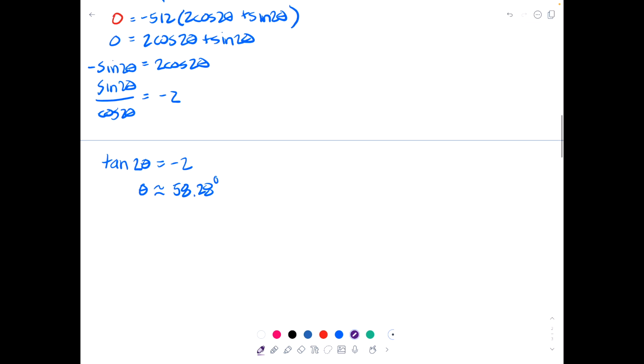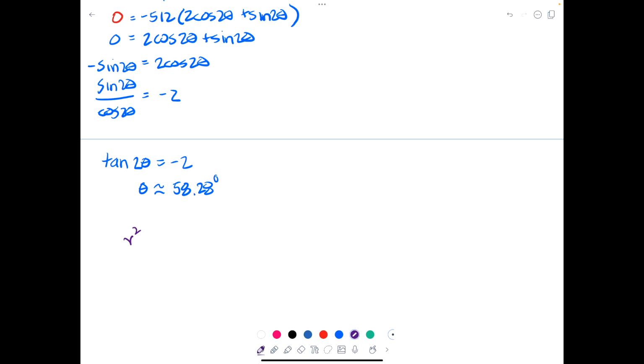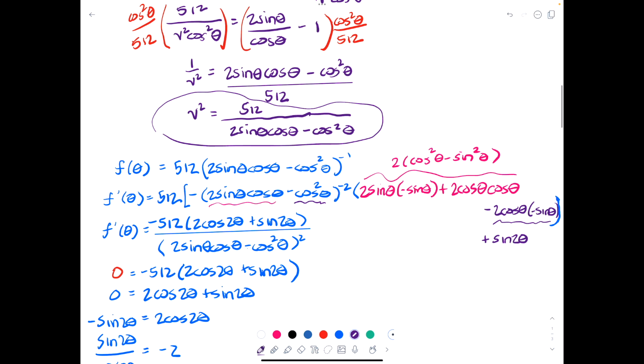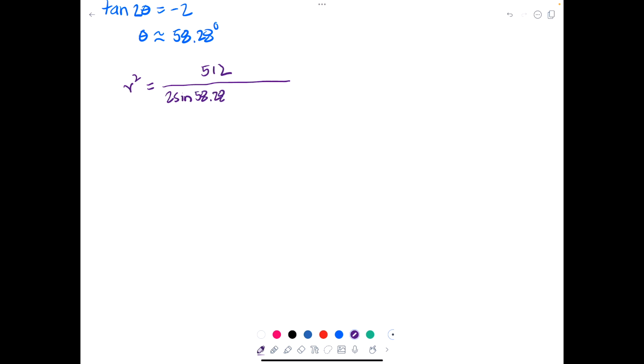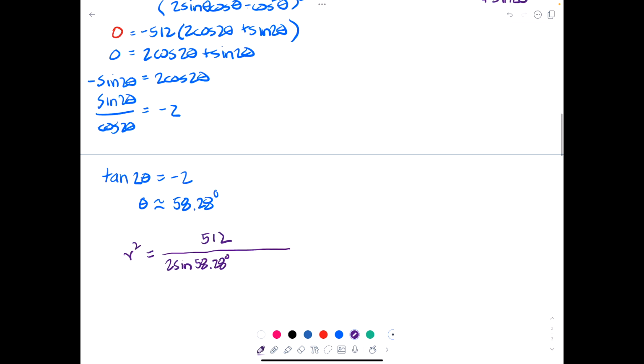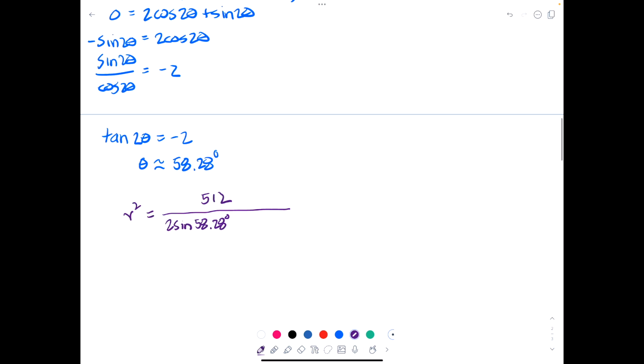So we had v squared equal to 512 over 2 sine theta cosine theta minus cosine squared theta, so 2 sine 58.28 degrees cosine 58.28 degrees minus cosine of 58.28 degrees, the quantity squared.